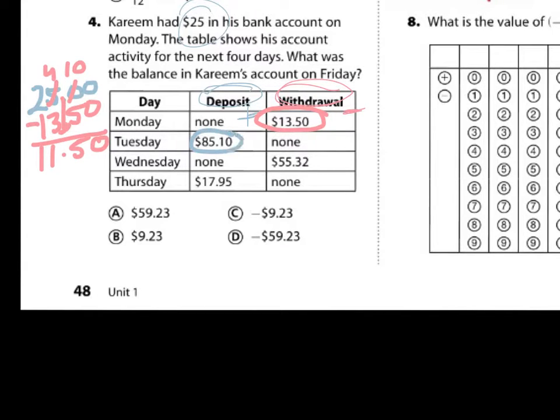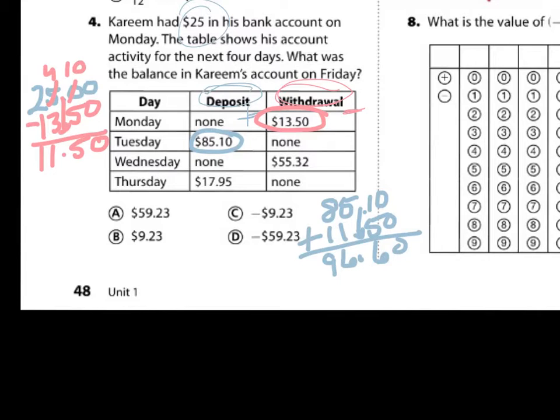Okay? Well, then on Tuesday, what happened? He deposited money. He deposited $85.10. So now we got to go back and add that. So $85, always put the bigger number on top. $85.10 plus the $11.50 that's in our account. Add it up. 5 plus 1, 6. Adding and subtracting decimals, just bring down your decimal. 5 and 1 is 6, 8 and 1 is 9.